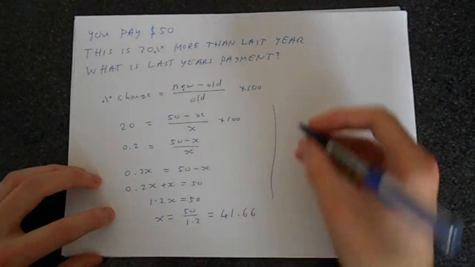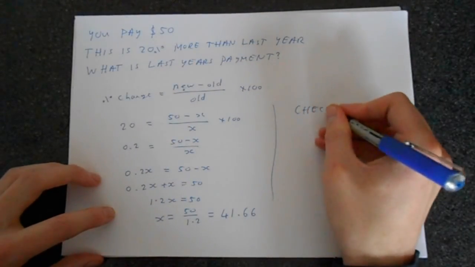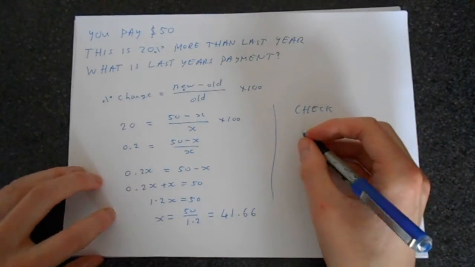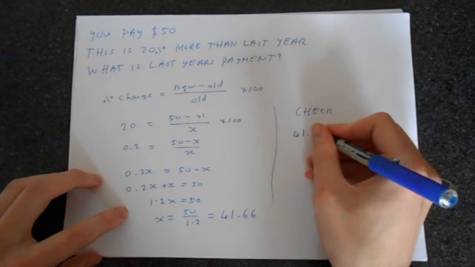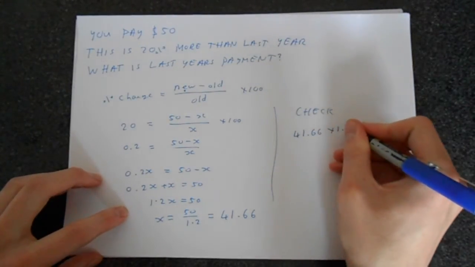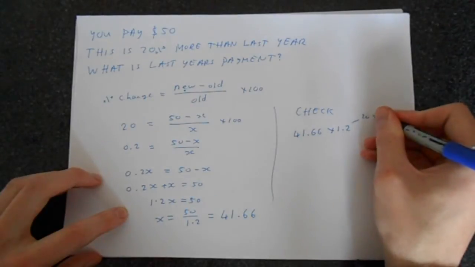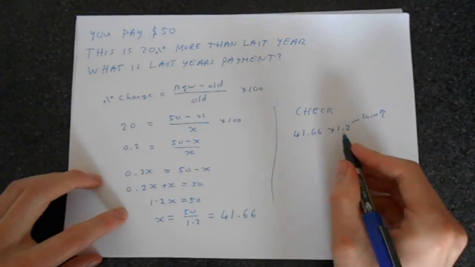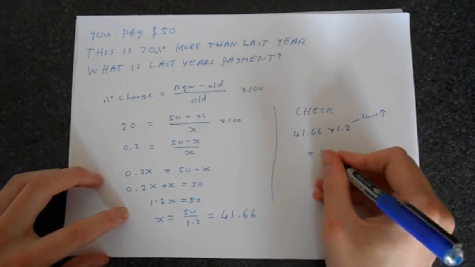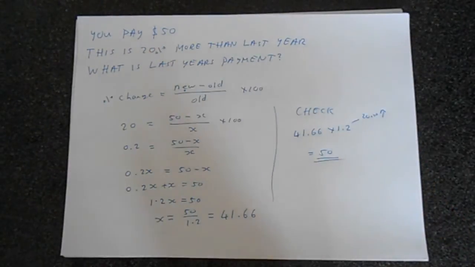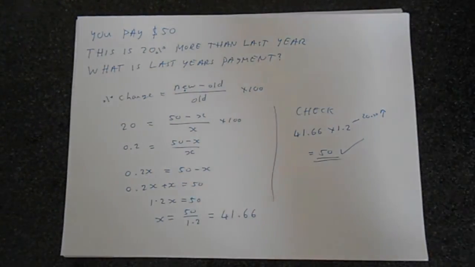And you can do a check here to make sure this works by taking your answer 41.66 and times that by 1.2. This 20% increase is 1.2, and that gives you 50. So always check, and you can say that's correct.